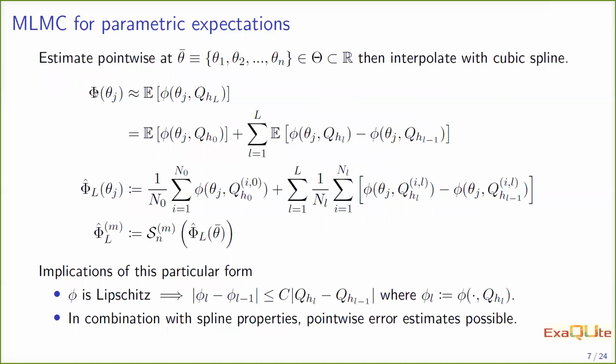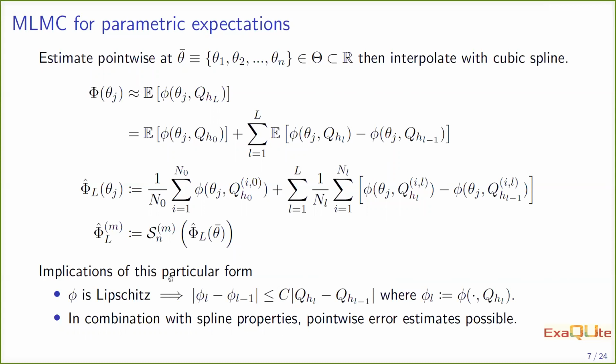Once again, as before with this capital phi, we rewrite the expectation in this telescoping sum form, and then estimate each of the terms using a finite sample average. And so this gives you this capital phi evaluated at each of these points. Once you have this, you can interpolate using this interpolation operator Sn, and compute derivatives as required of the resultant spline to get the final function estimate.